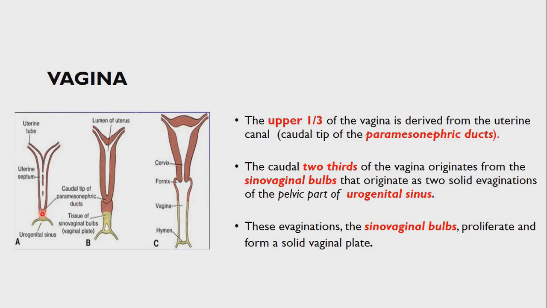The caudal two-thirds of the vagina originate from the sinovaginal bulb, which originates as a solid evagination of the pelvic part of the urogenital sinus. These evaginations will unite and form the sinovaginal bulb that proliferates and forms the solid vaginal plate.